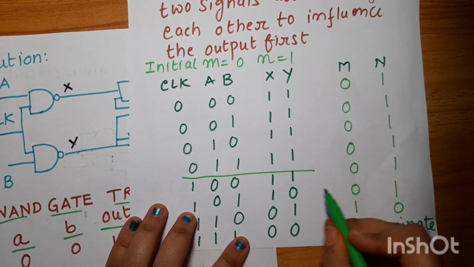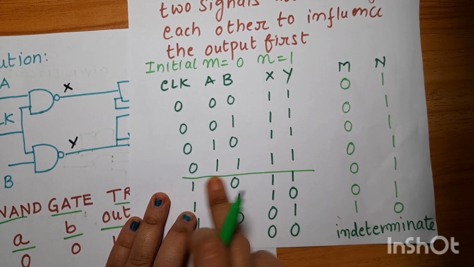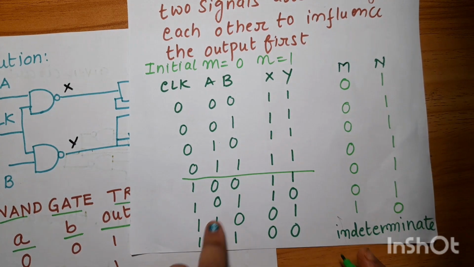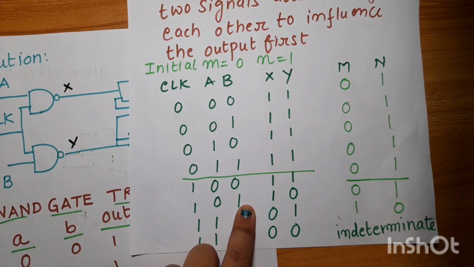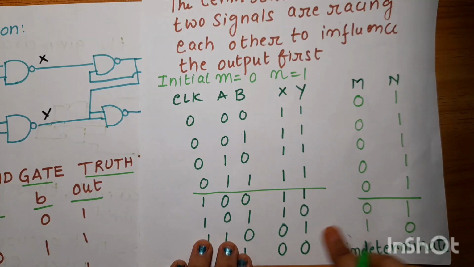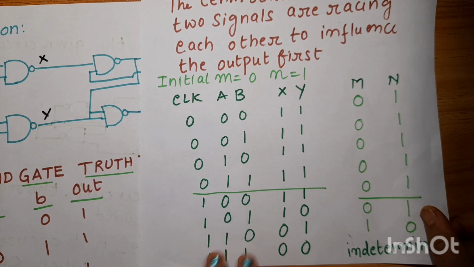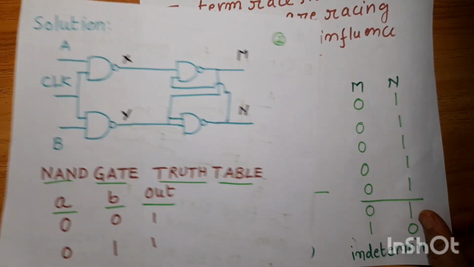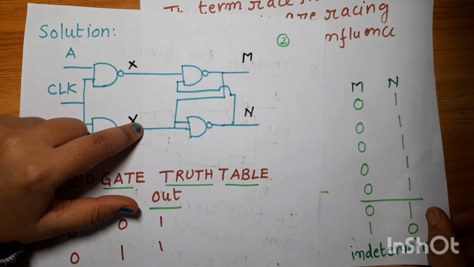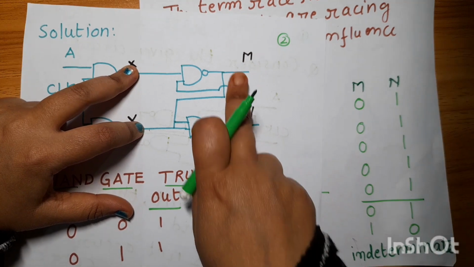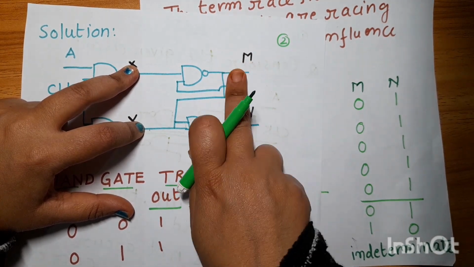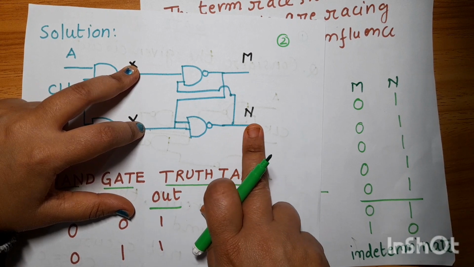Till this point it is 1, 1. Now, when X and Y is 1, 0, you see it is 1, it is 0. Old value of M was 0 and N was 1.